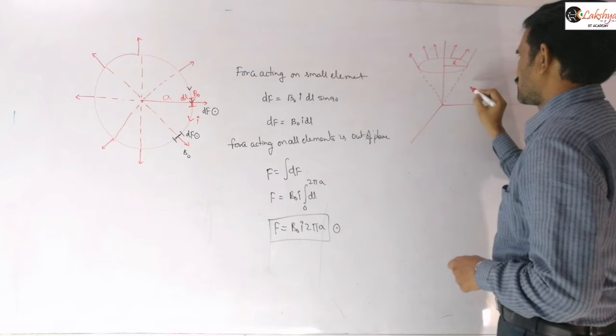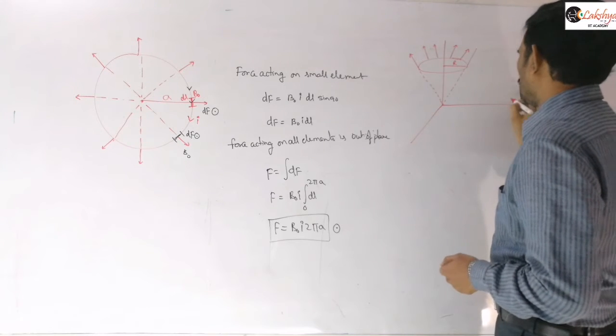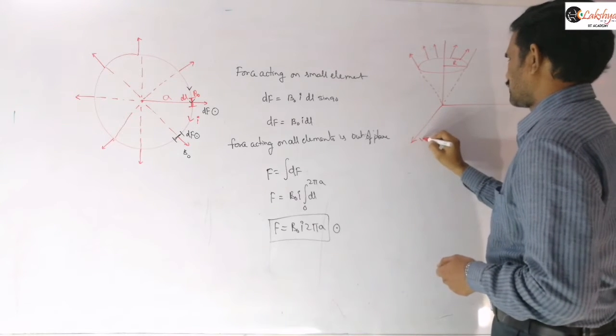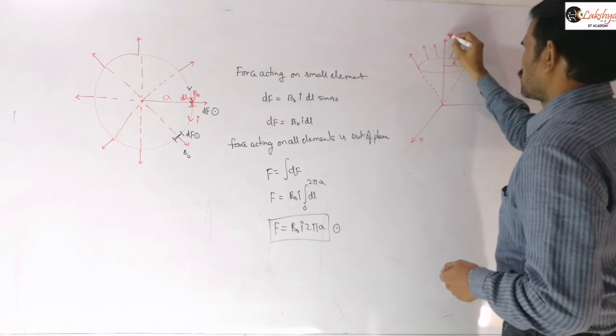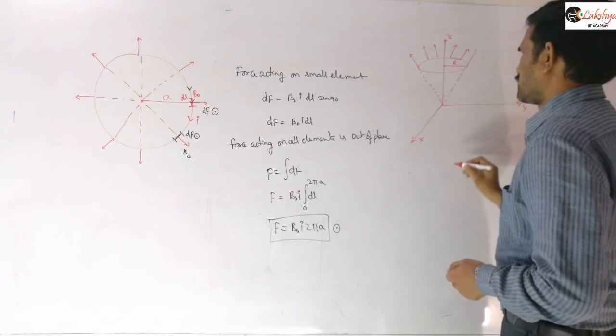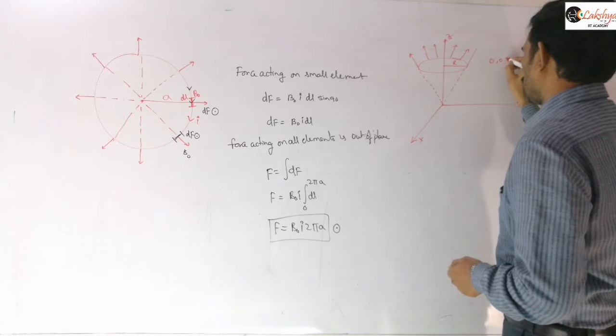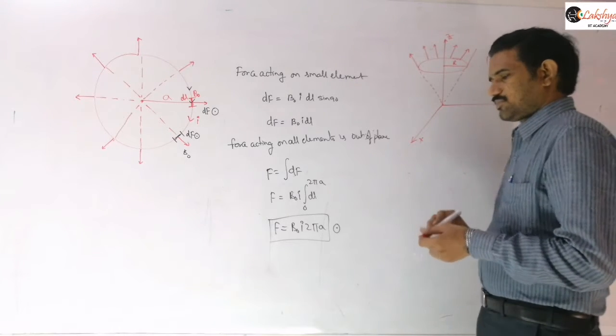Now the coordinates: suppose they will mention this as x axis, y axis, and this is z axis here, so that the coordinates of that circle you can consider as 0, 0, d. So just mention that problem there.